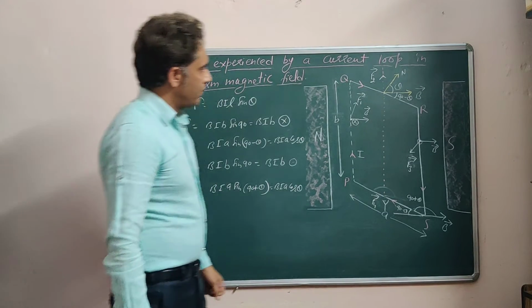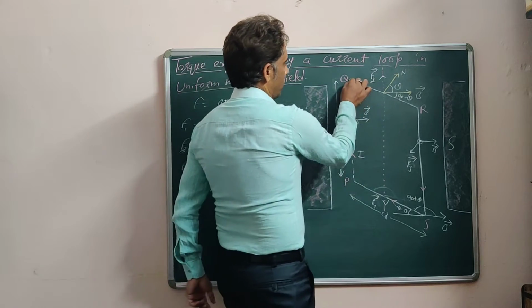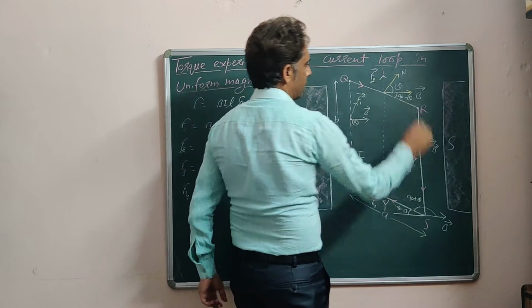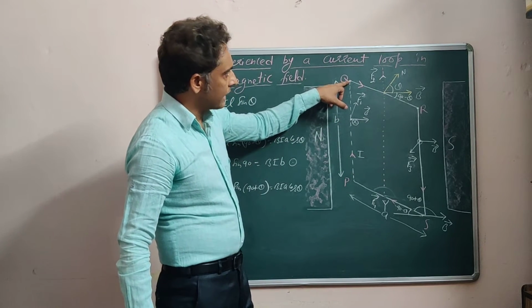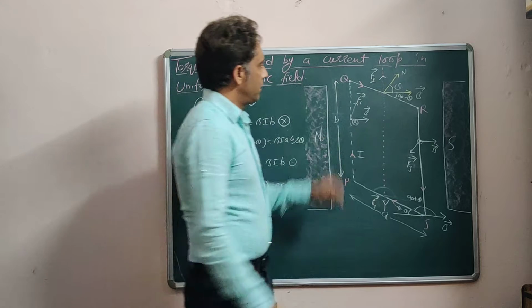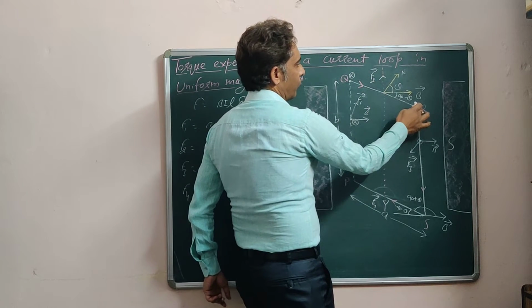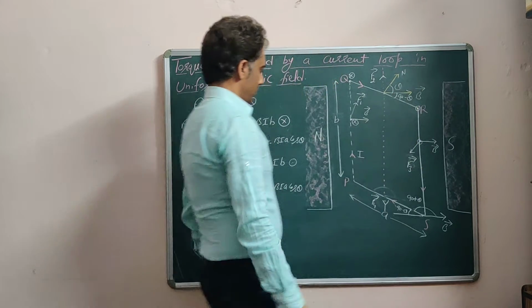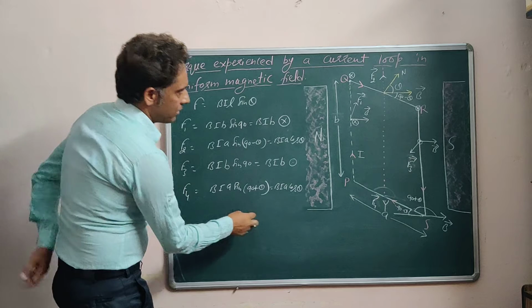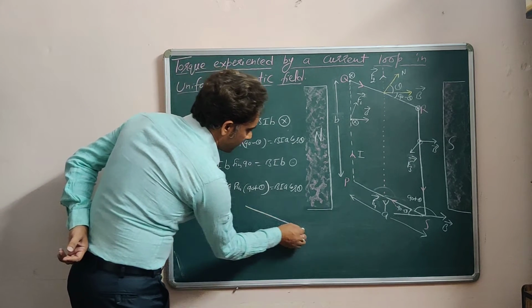So if I consider these two points Q and R, and if I take this conductor PQ, here force is acting in the inward direction and here force is acting in the outward direction. So let me consider this portion here.